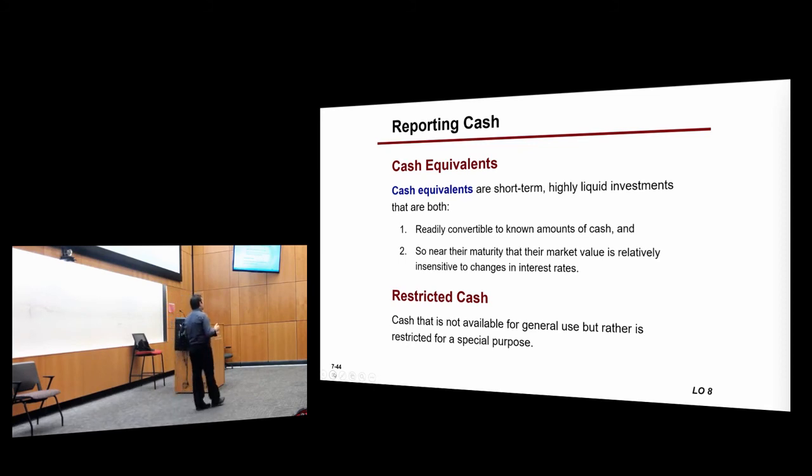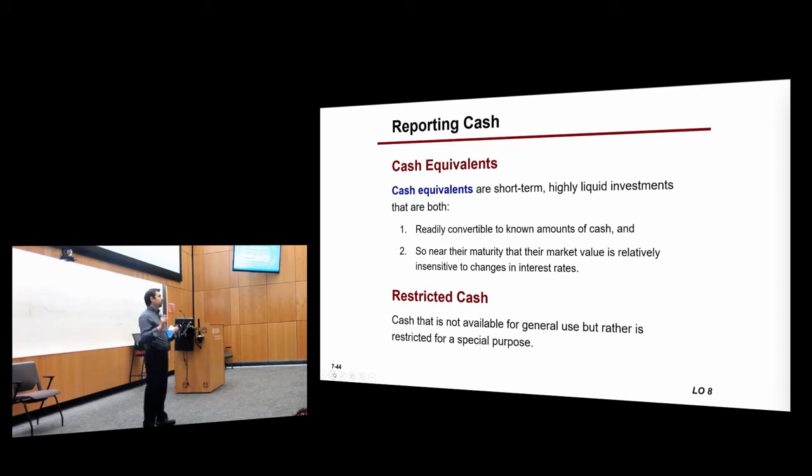We will learn later on, sometimes for a mortgage. If you are asking for a loan, you might have to put some amount of cash that is set aside. It's restricted. Okay? We will do that in the future.